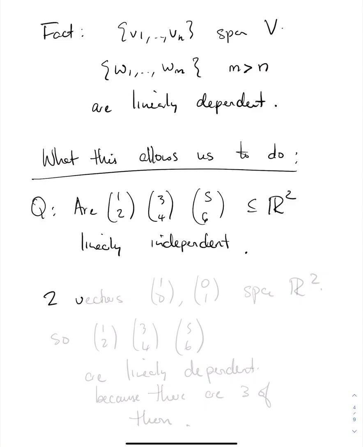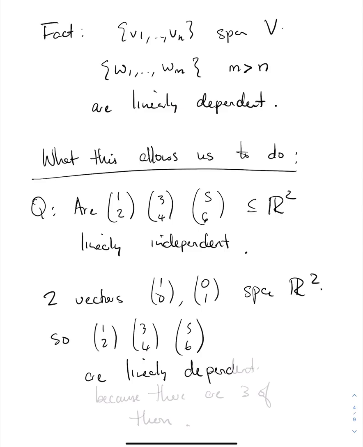We know that two vectors, 1, 0 and 0, 1, already span R2. So 1, 2, 3, 4, and 5, 6, because there are more of them than the two above, are going to be linearly dependent, because there are 3 of them.